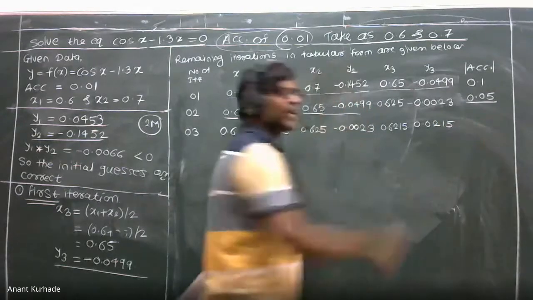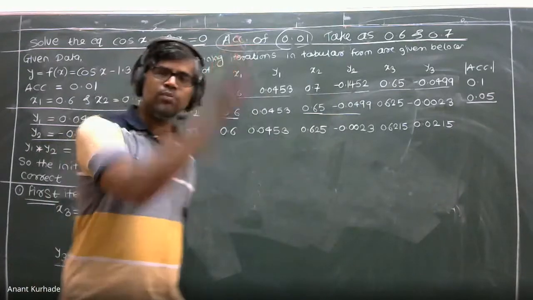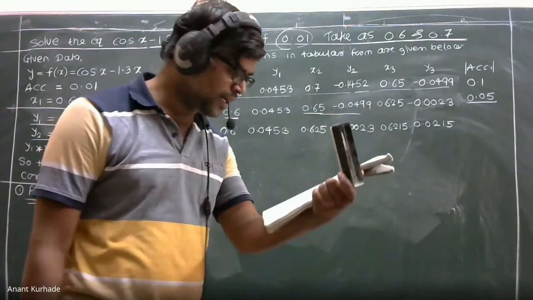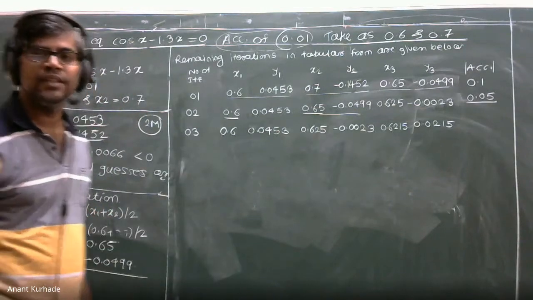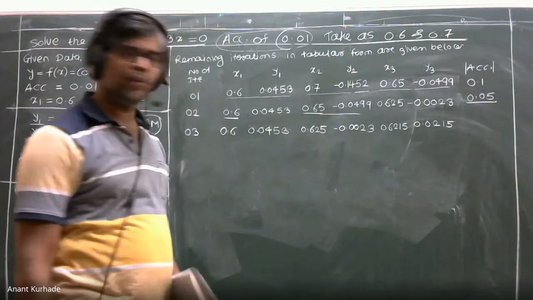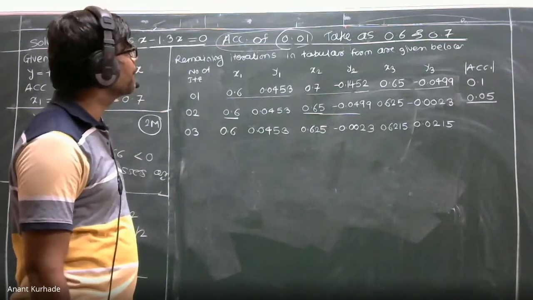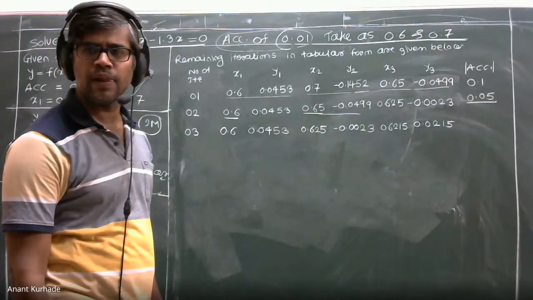What is accuracy? Mod of x1 minus x2 is 0.025.